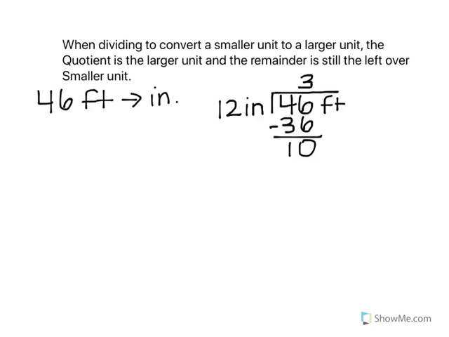And 10/12 would equal a fraction that can be reduced to 5/6. So that would be 3 feet and 5/6 inches. But for this lesson, since it's the beginning of the chapter, we're just going to keep it a little more simple. We're going to say 3 feet with 10 inches. And that's how we would write our answer.